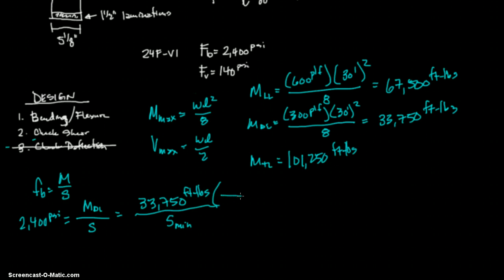So let's put foot on the bottom, 12 inches on top, and solve for S. S min DL only will equal 33,750 times 12 divided by 2400. That's 168.75 inches cubed.